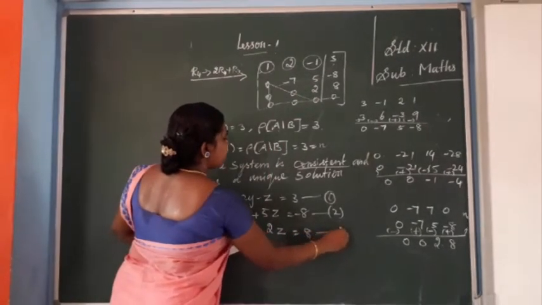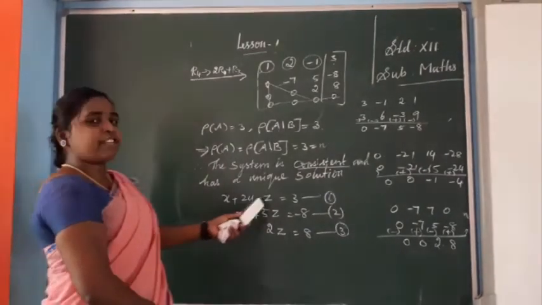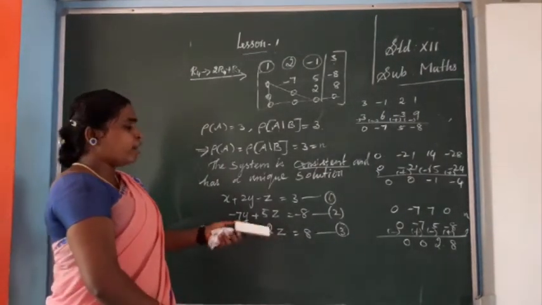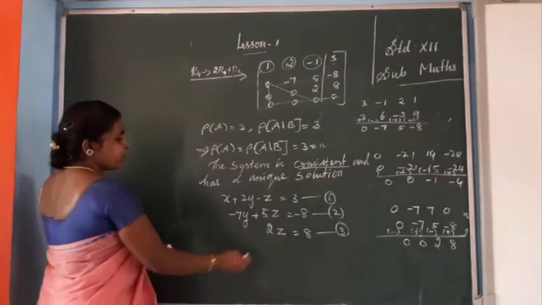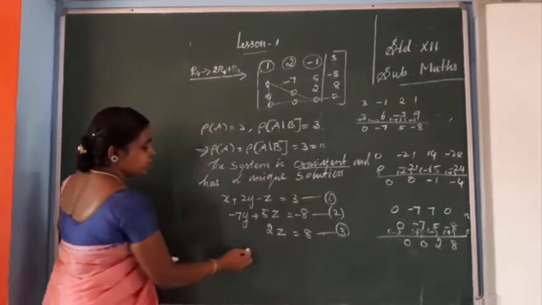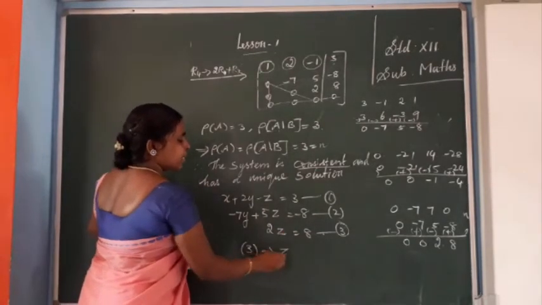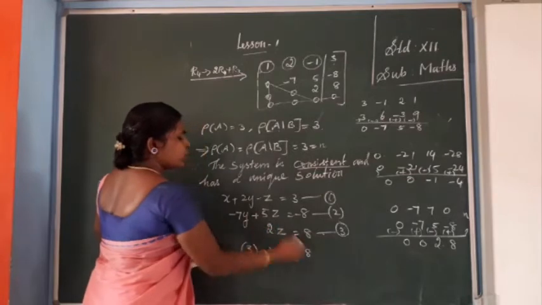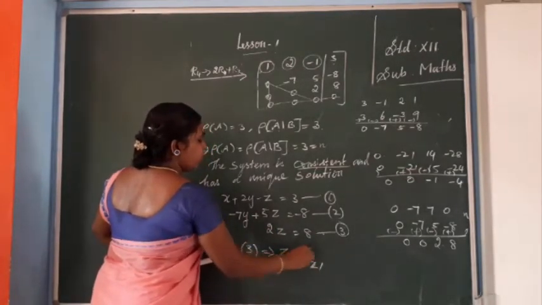This is equation 3. You have already studied this in the Gaussian elimination method. After getting these 3 equations, you have to use the back substitution method, isn't it? Back substitution means you use the third equation first. So from 3, 2z is equal to 8. The 2 you take to the right-hand side, it will come in the denominator, so z equals 8 by 2. 4 2s are 8, so z is 4.